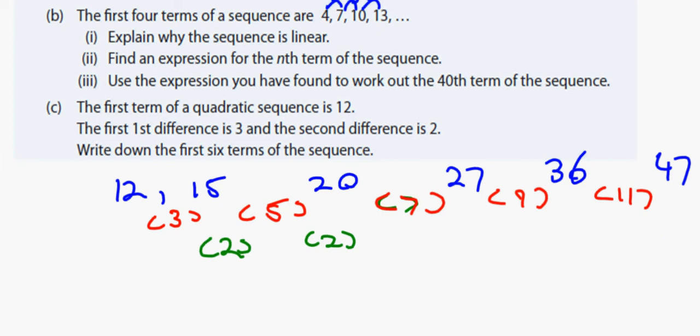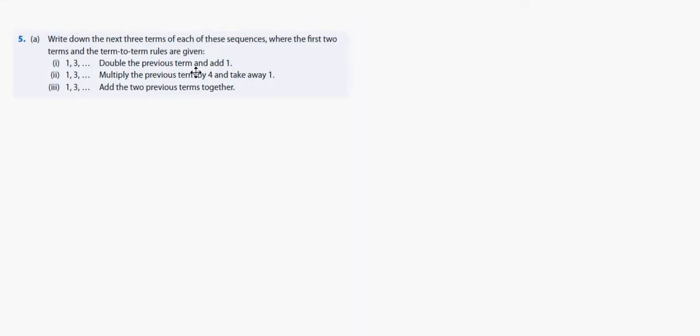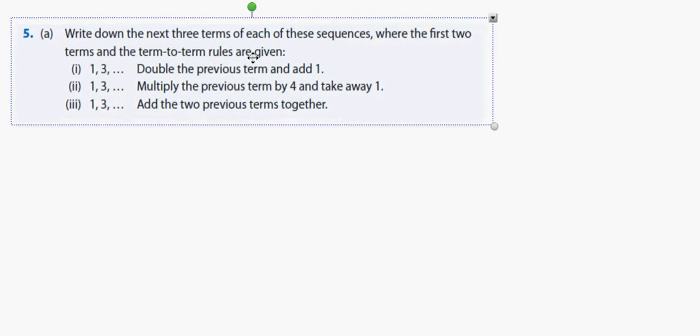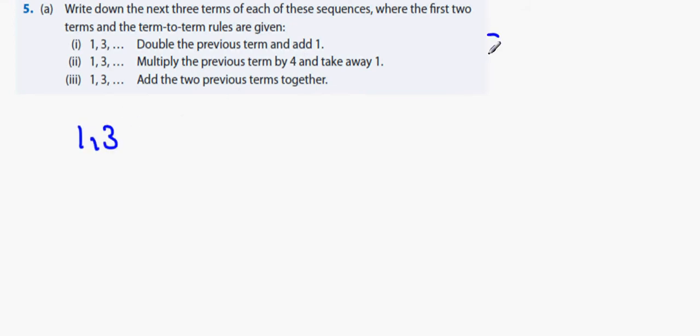Now, write down the next 3 terms of each of these sequences when the first 2 terms and the term rules are given. Double the previous term and add 1. So 1, 3, double 3, add 1 gives you 7.